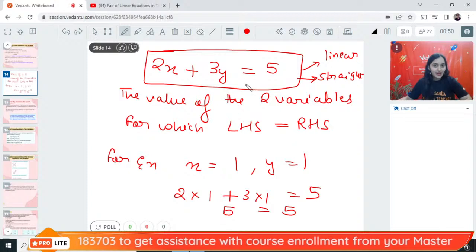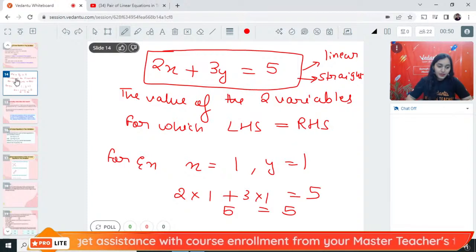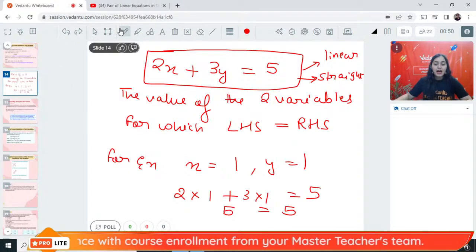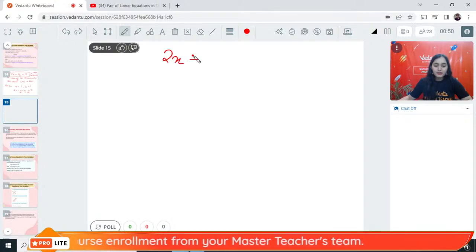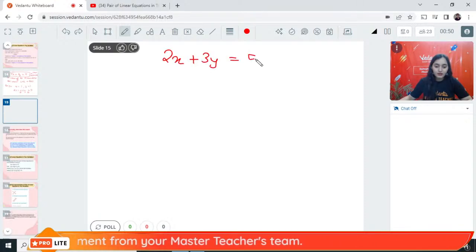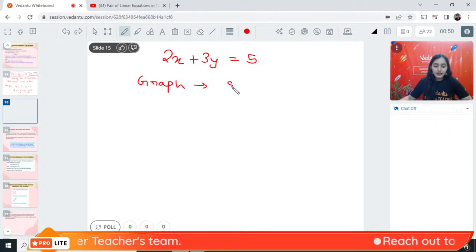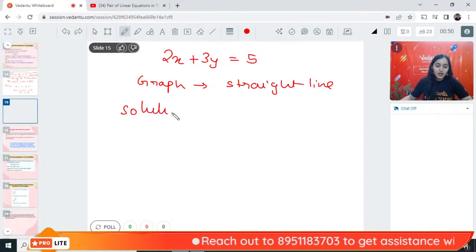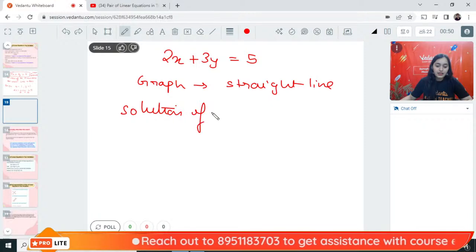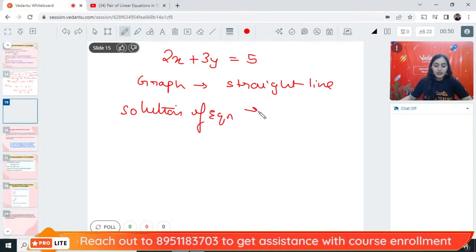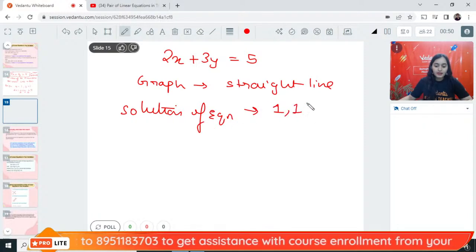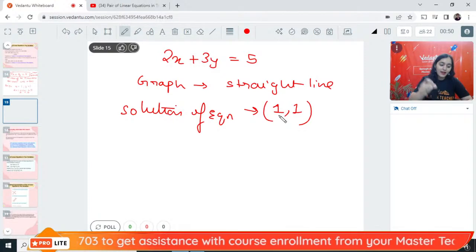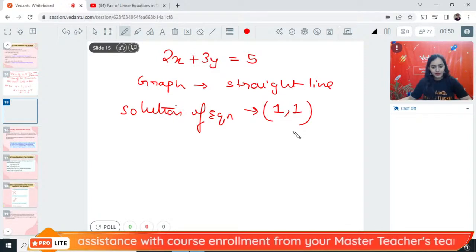It will have a straight line graph. Now, when I'm saying that I have an equation 2x plus 3y is equal to 5, it is going to have a graph which is a straight line. And if I am talking about solution of the equation, so solution of this equation is basically 1 comma 1, where 1 is the x value and 1 is the y value, right?